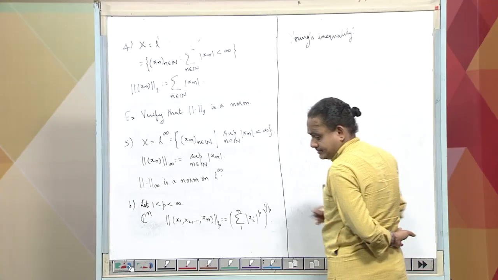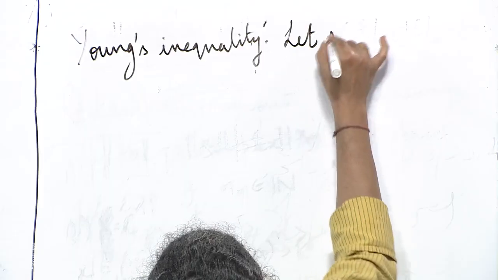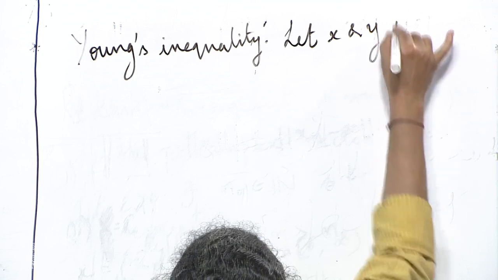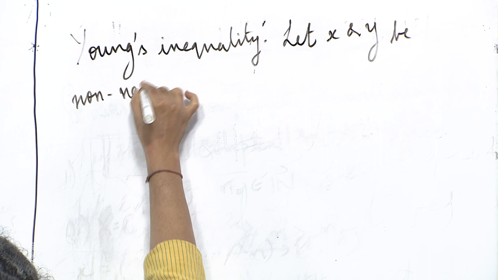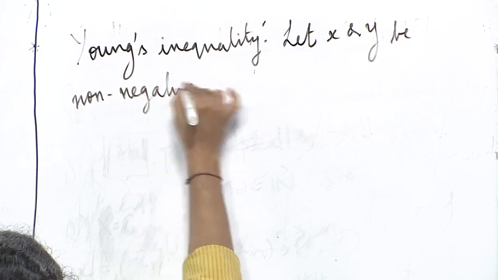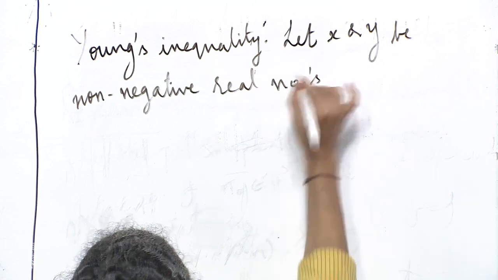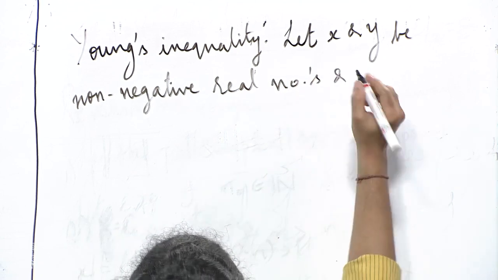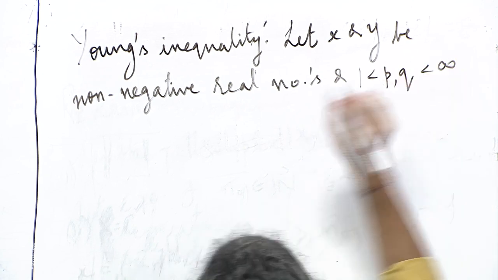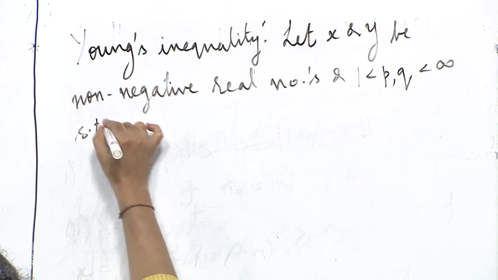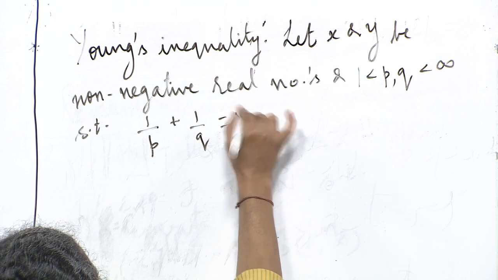Right. So, let x and y be non-negative real numbers and 1 < p, q < infinity, such that 1 upon p plus 1 upon q is 1.